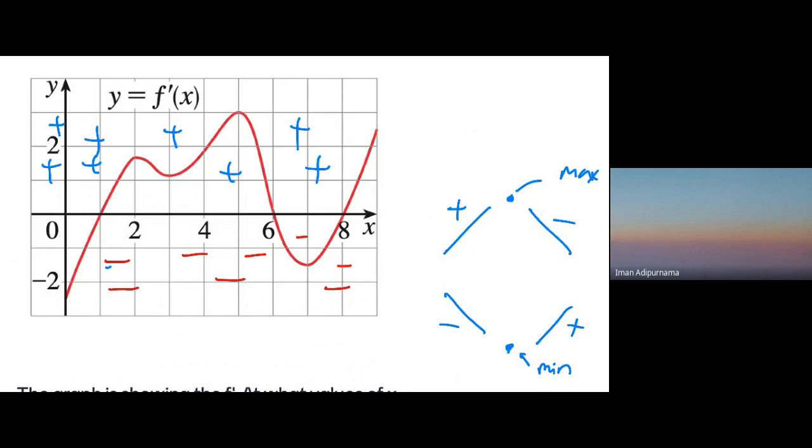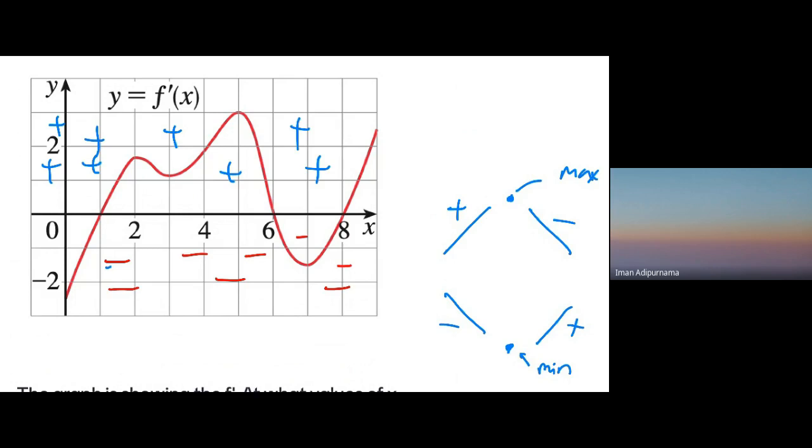So if we look here, the first one at x equals 1 goes from negative to positive. This is a minimum. So x equals 1 is a minimum. At 6, it goes from positive to negative, so that's our max value. And at x equals 8, from negative to positive, another minimum. So the maximum will be at x equals 6.